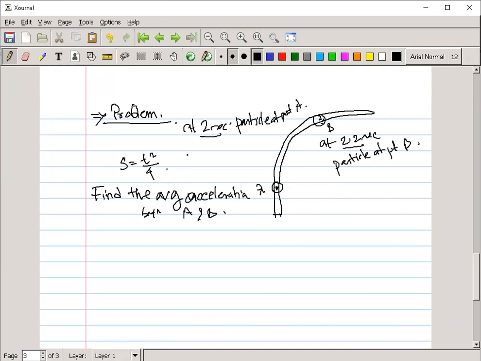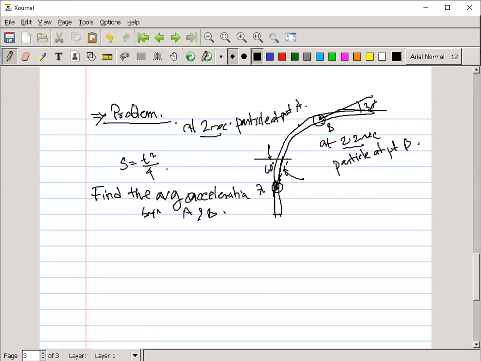In the drawing, if we draw the tangent at A, it makes 60 degrees with the horizontal, and at B the tangent makes 30 degrees with the horizontal.